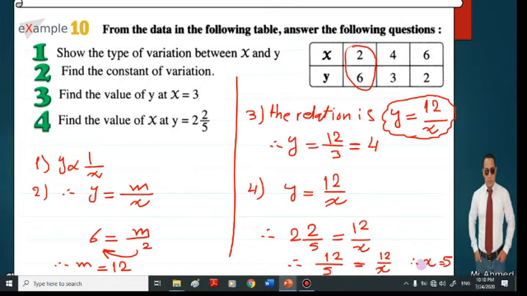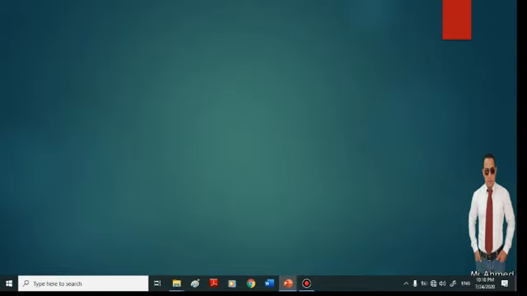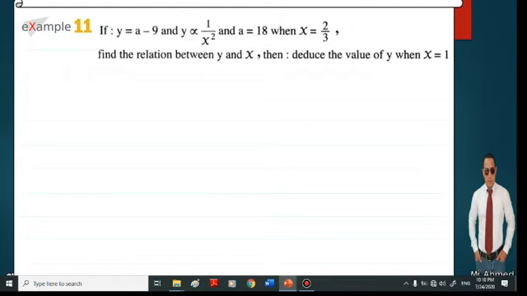Okay, now I'm going to solve example 11. In this example, y equals a minus 9, and y varies inversely as x power of 2, and a equals 18 at x equals 2 over 3.